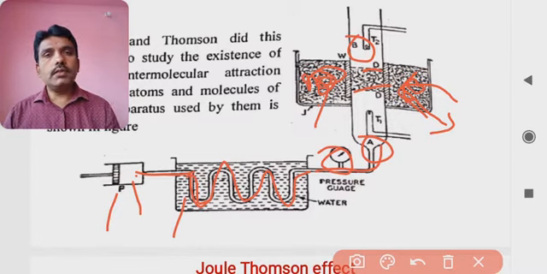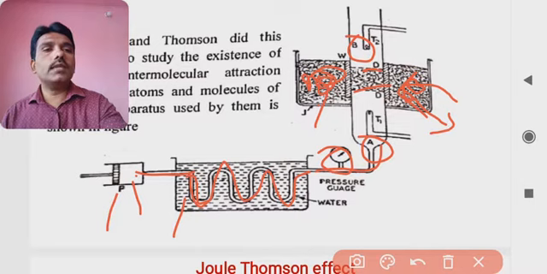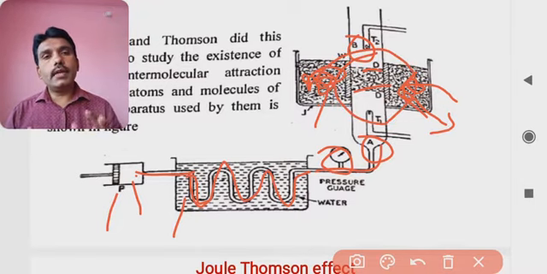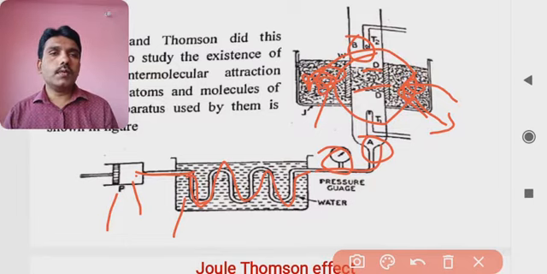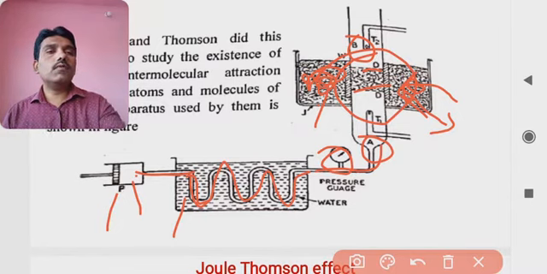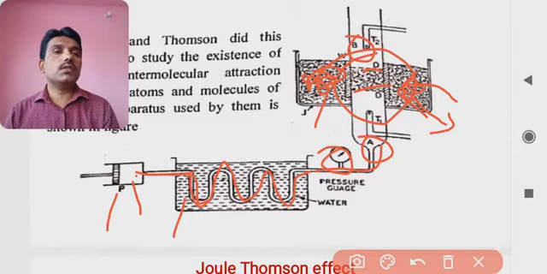Neither does heat come inside the system, nor does heat go outside. So the glass tube is the system, and the heat is not allowed in or out. That is why the wool or cotton is outside this glass tube.